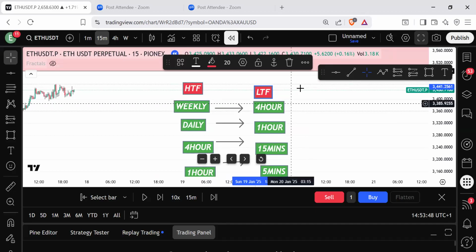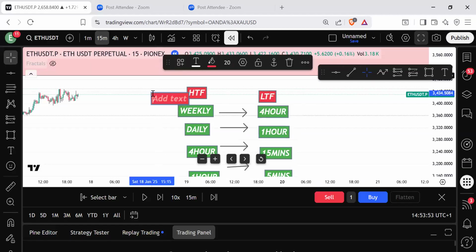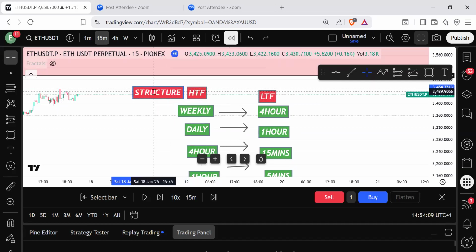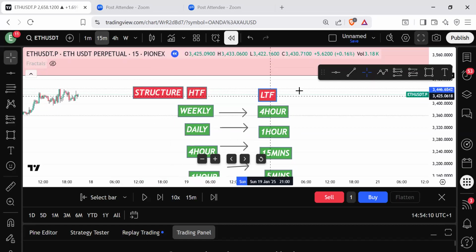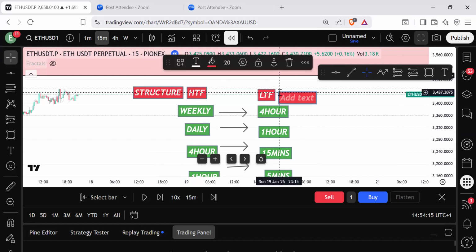So basically, you're marking your structure on the higher time frame and your entry on the lower time frame.